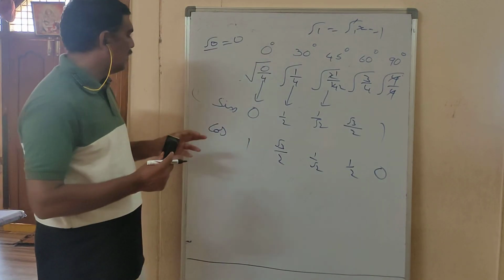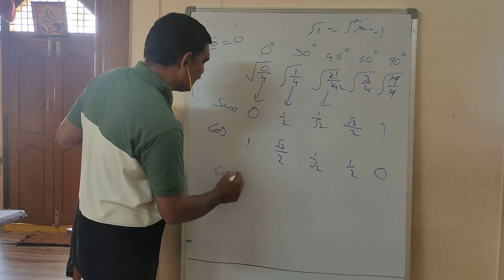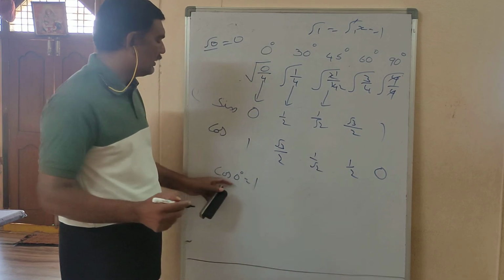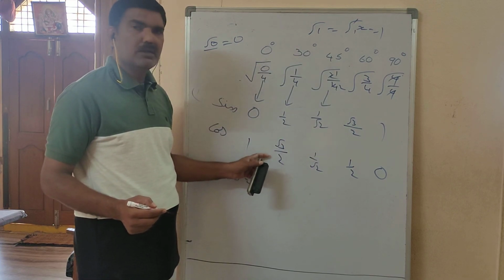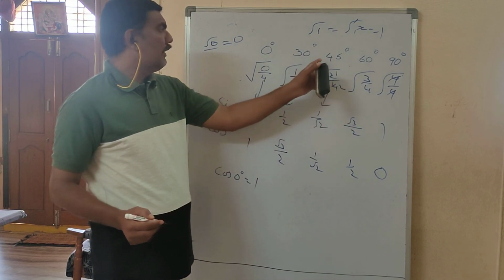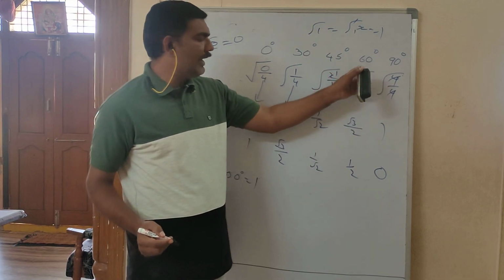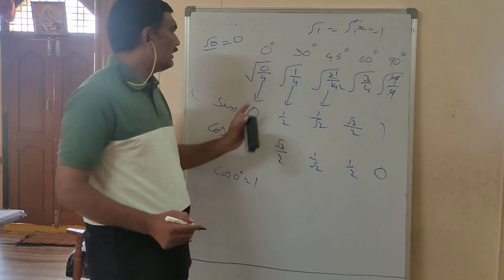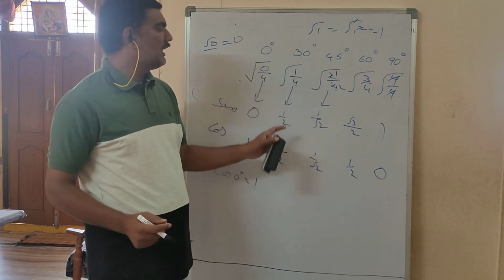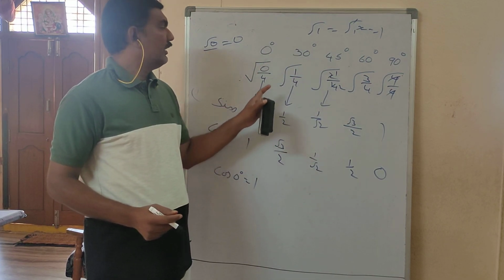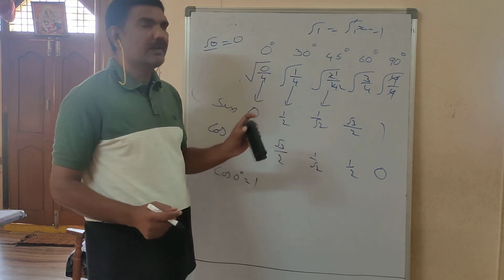The meaning is, cos 0 value is 1. If anyone asks, cos 0 degrees value is how much? 1. Cos 30 degrees value is root 3 by 2. Cos 45 degrees value is 1 by root 2. Cos 60 value is 1 by 2. Cos 90 value is 0.